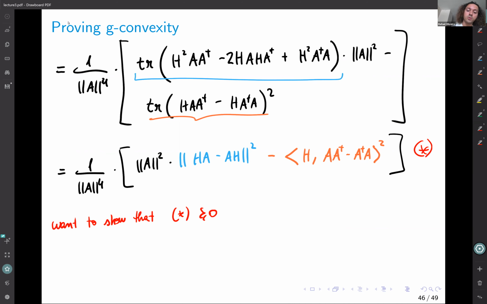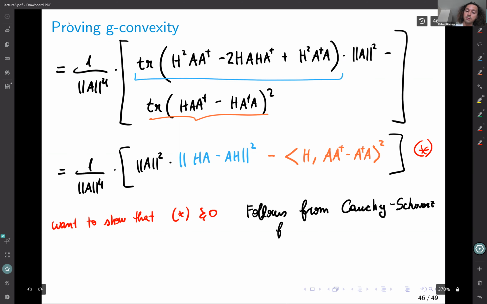This follows from Cauchy-Schwarz. And this is the Cauchy-Schwarz version for matrices, okay? So this is for matrices. And what is the Cauchy-Schwarz for matrices?